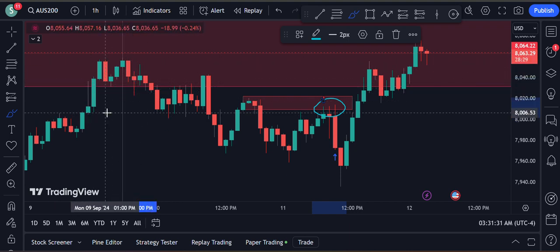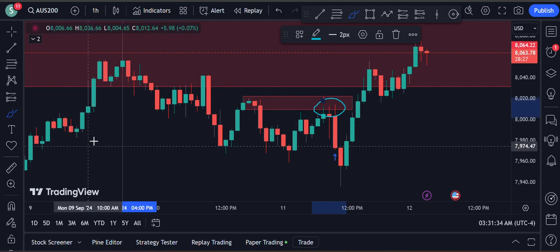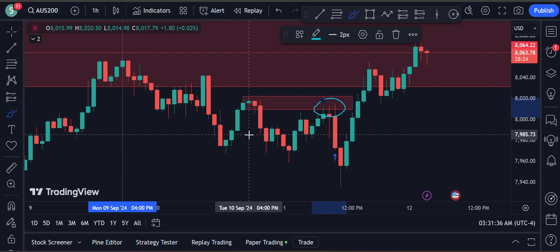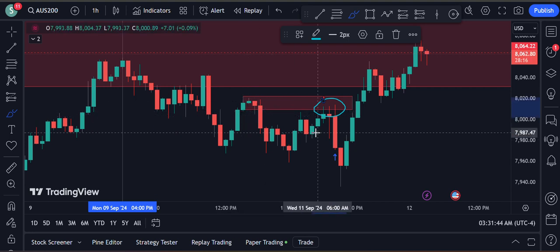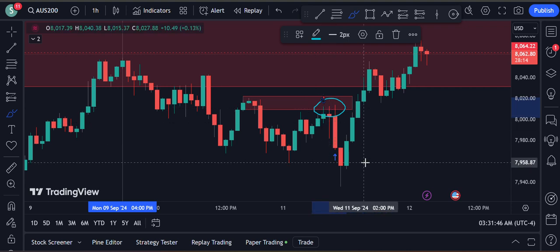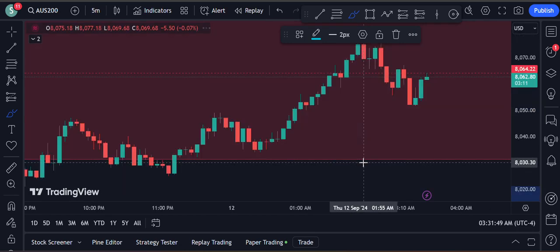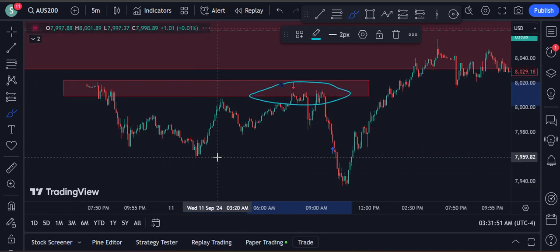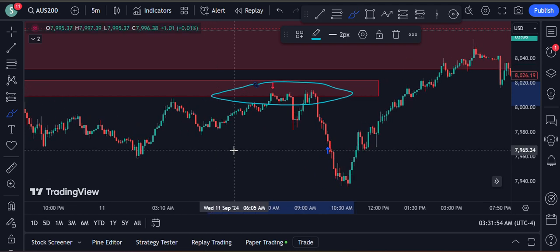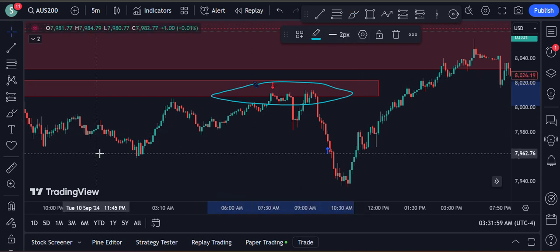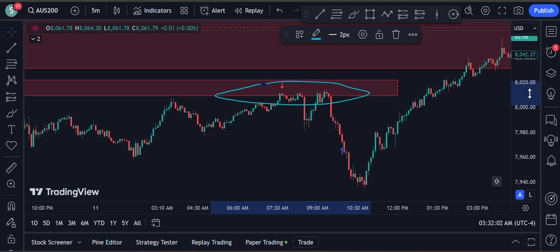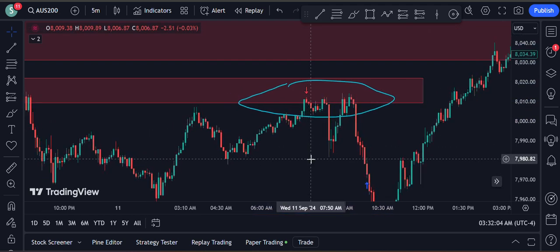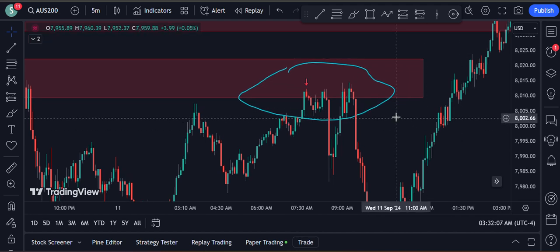We have broken multiple demand zones on the 1 hour time frame, so we can say that we are already in a downtrend on the 1 hour time frame. When we mark this supply zone and the price goes into that, we can move down to our entry time frame. And what is our entry time frame? I told you, for 1 hour, your entry time frame should be 5 minutes. So we go down to the 5 minutes.